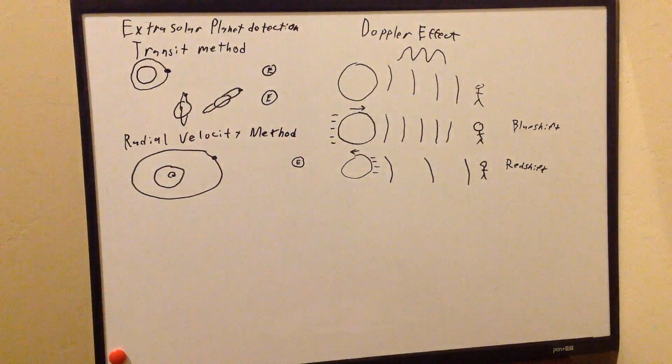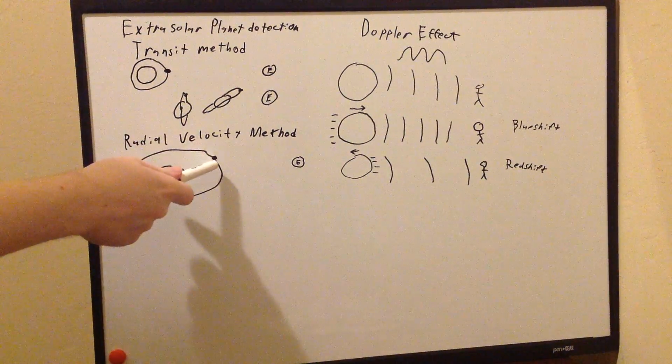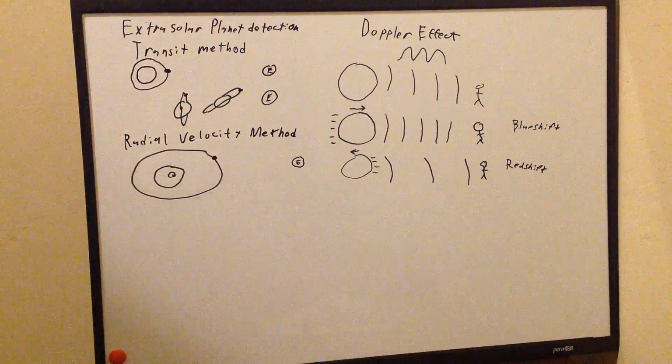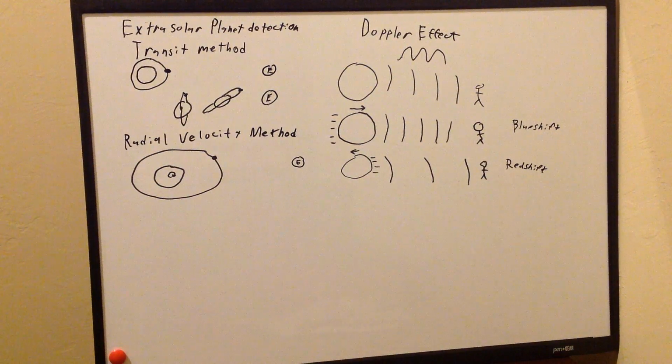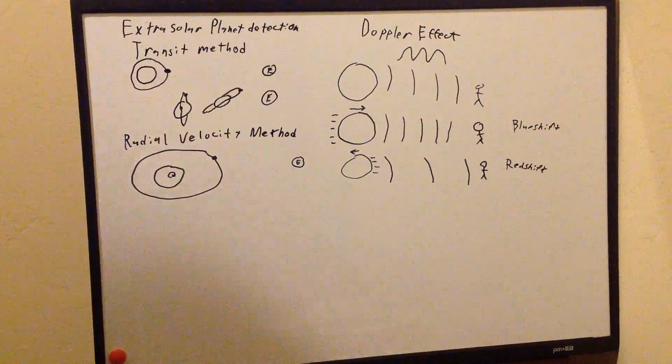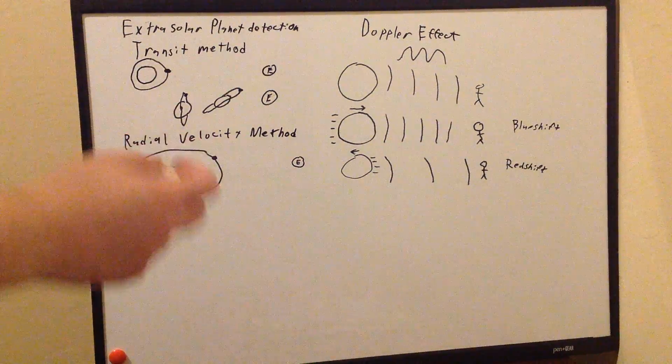Now that you understand the Doppler effect, we can understand radial velocity. So again, we can't see this planet. It's too small, too dim, too far away. But we can see this star.